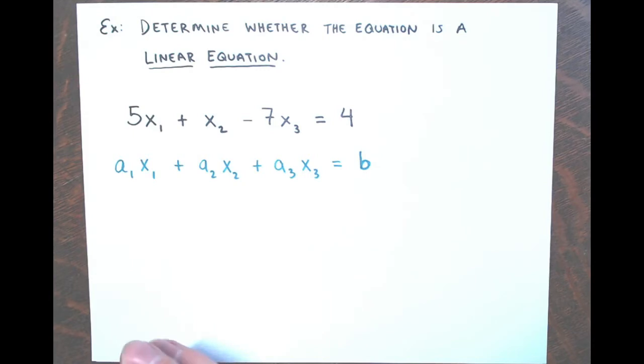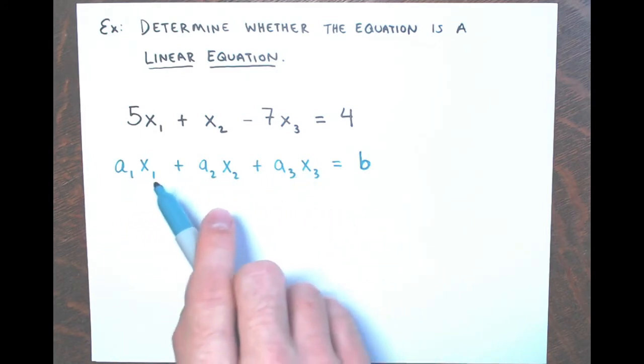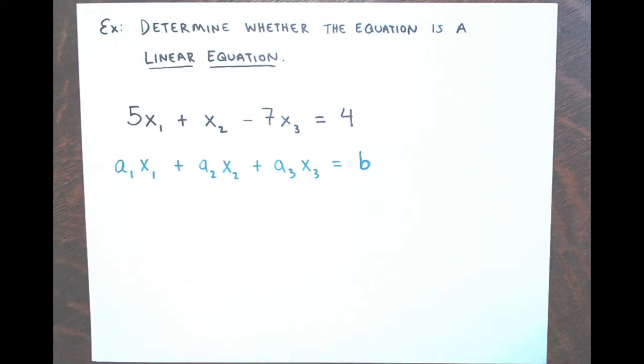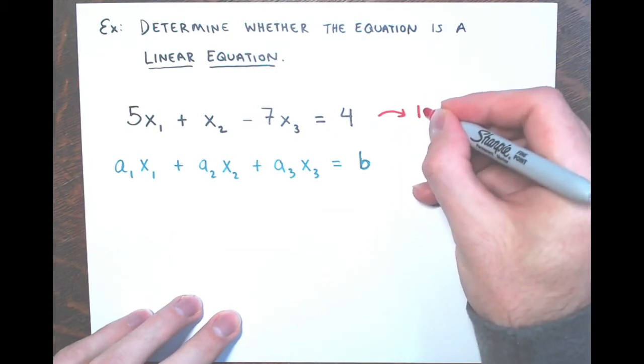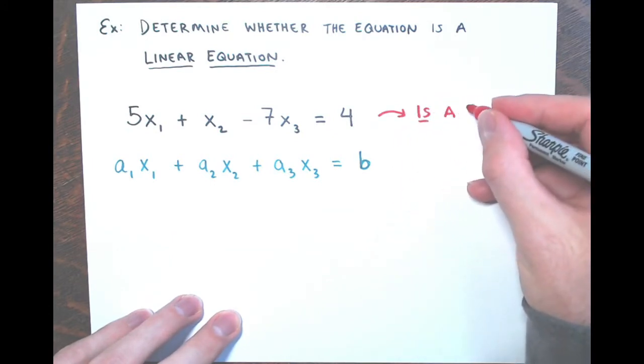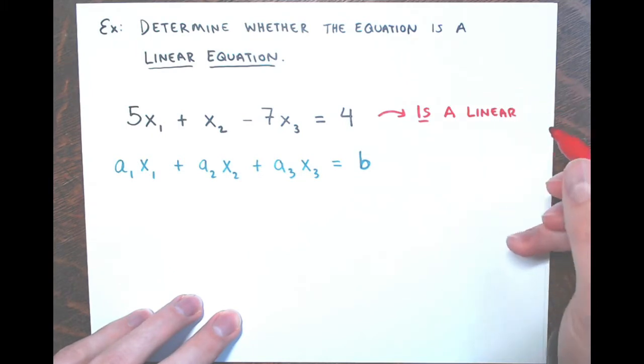There's no square root of x1 or absolute value of x2 or log of x3 or anything like that. It's just simply a linear combination of the variables to the first power equals some constant term. So yes, this is a linear equation. This is a linear equation in 3 variables, the x1, x2, x3.